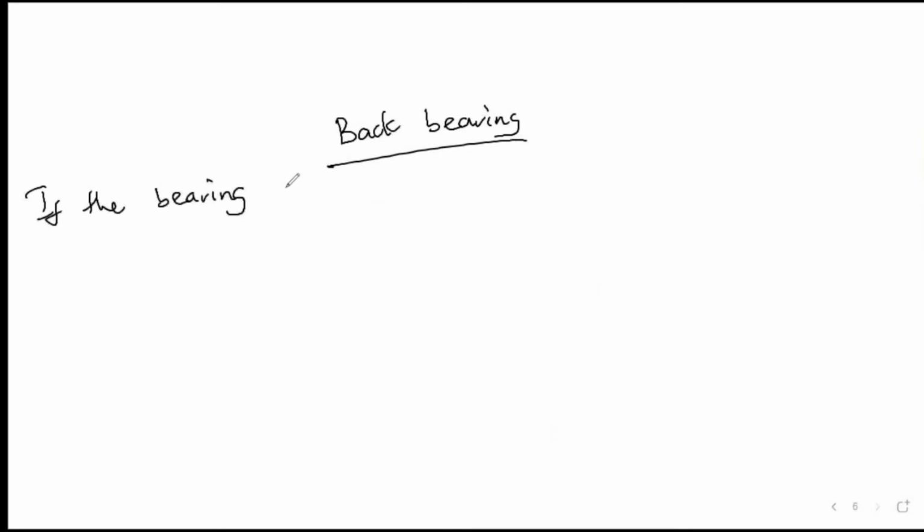Now we are going to something called back bearing. Okay, so now let's see this question. If the bearing of y from x is, I'm writing this because usually we write in 3 digits form.